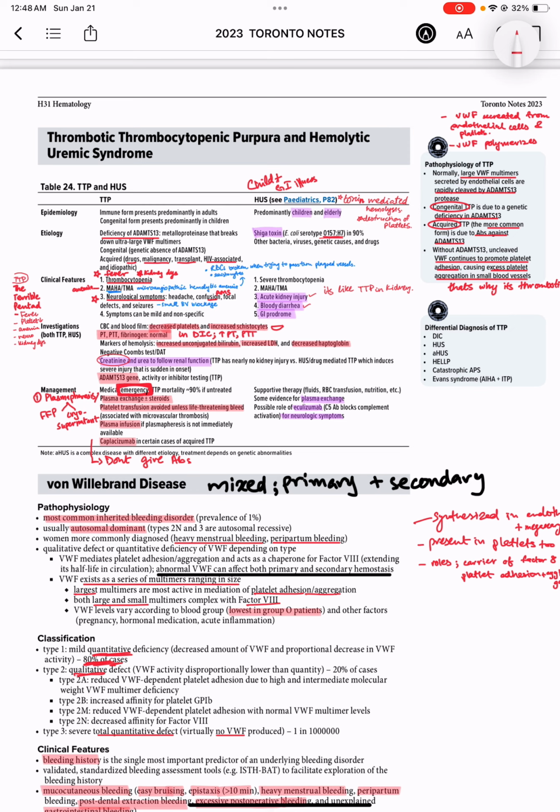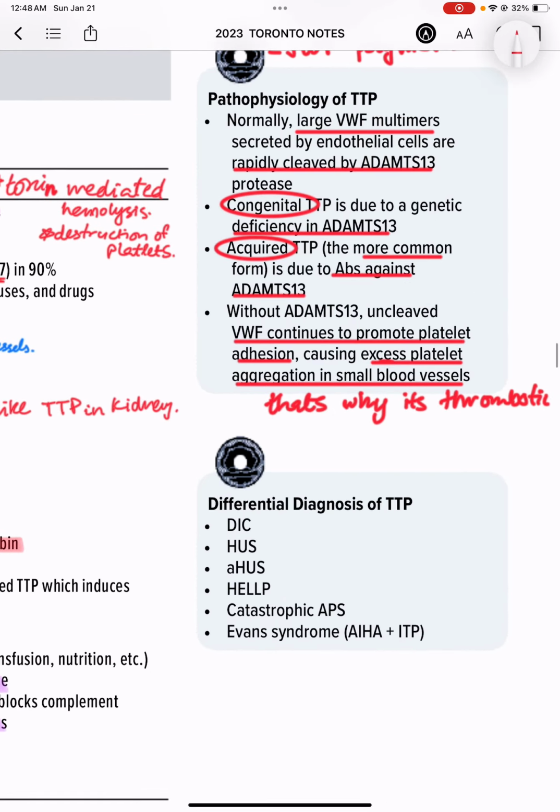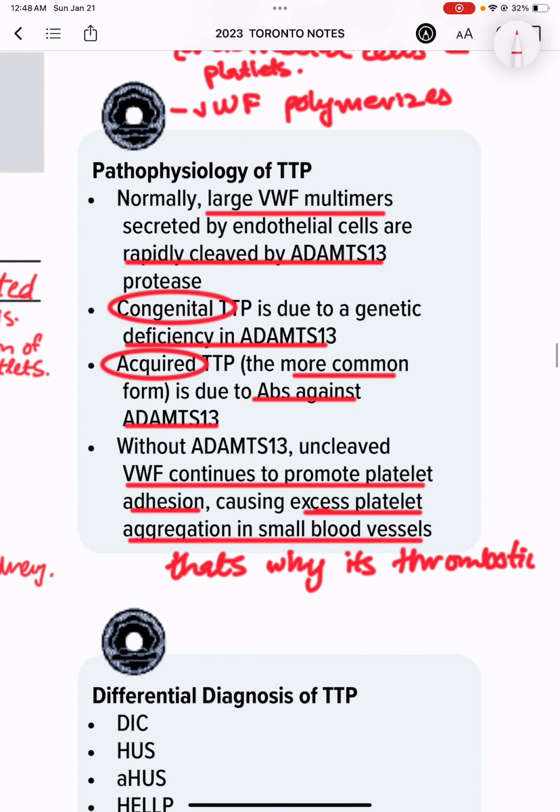So the large von Willebrand multimers are not active, and there's this ADAMTS13 protease which would cleave the large von Willebrand factor multimers, and then make them of some use, right? But sometimes what happens is, if there is congenitally decreased ADAMTS13, then that is congenital TTP, because there is a genetic deficiency in the ADAMTS13.